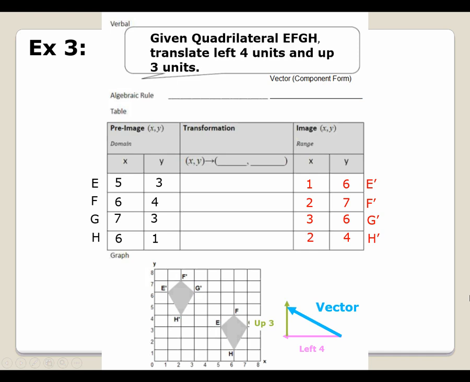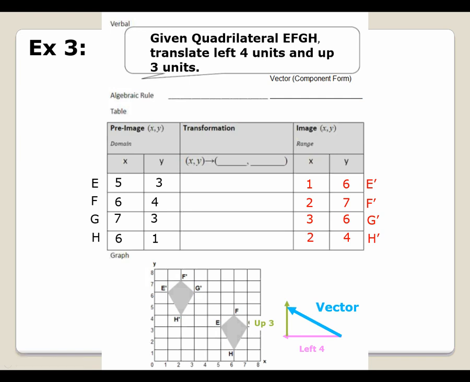Now, quadrilaterals don't have this nifty little symbol that triangles have, so unfortunately, you do have to write out quadrilateral. Anyway, given quadrilateral EFGH, it translated left 4 units and up 3 units.